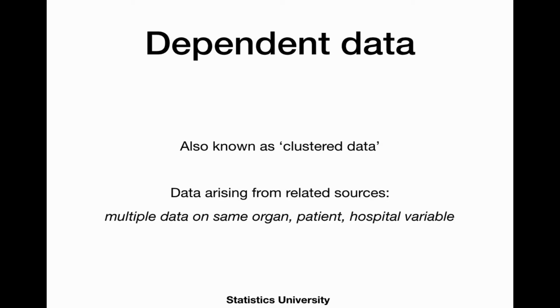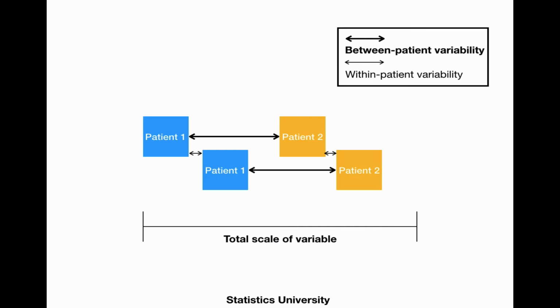But sometimes we measure things in the same individual, same organ, same patient, same hospital, and we have to carefully ask ourselves whether these data are actually independent or they could be related. And those data are also called clustered data. Clustered or dependent data require totally different analysis than independent data.